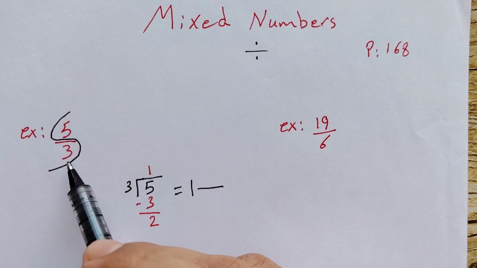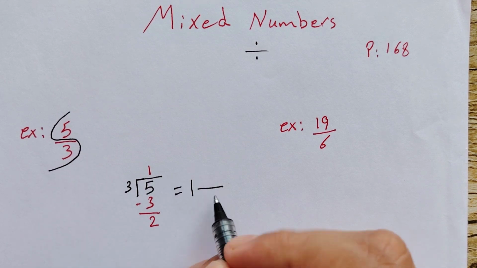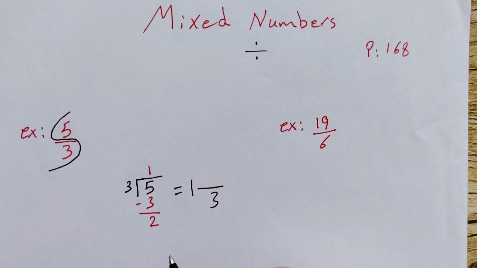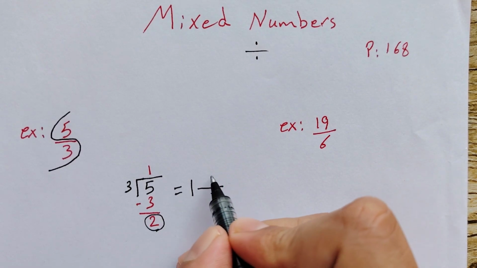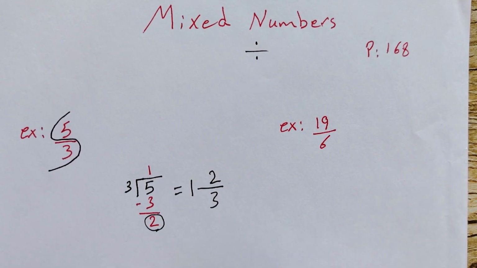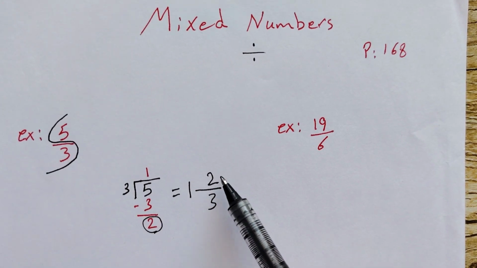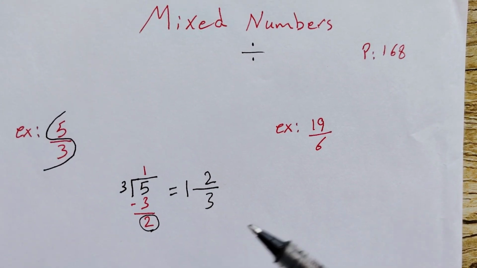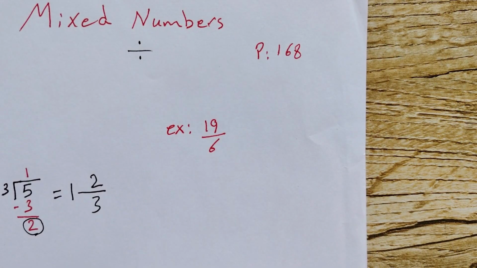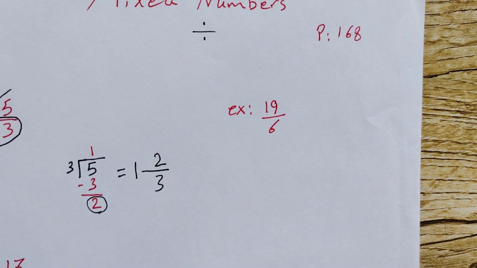We don't change the denominator, so I'm going to write the 3 again here. What's left? Only the remainder, and this remainder will be our numerator. So 5 over 3, when we change it to a mixed number, will be 1 and 2 over 3.